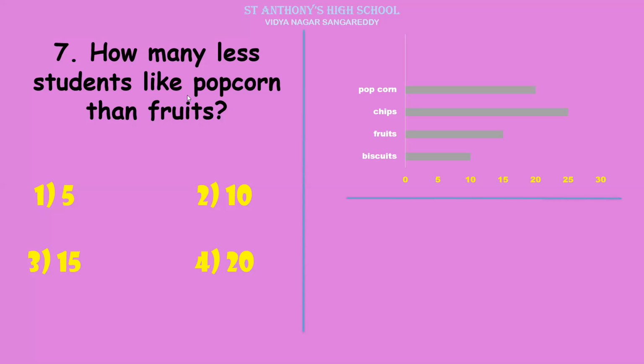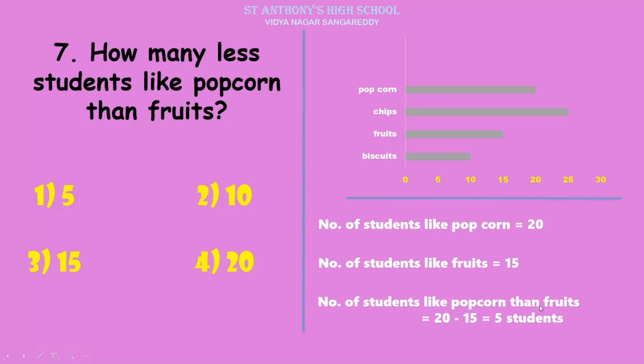How many fewer students like popcorn than fruits? How many students are liking fruits here? Popcorn 20 students and fruits 10 students. So the number of students who like popcorn more than fruits is 5 students. Very good, Nikhil Reddy. So the answer is 5.